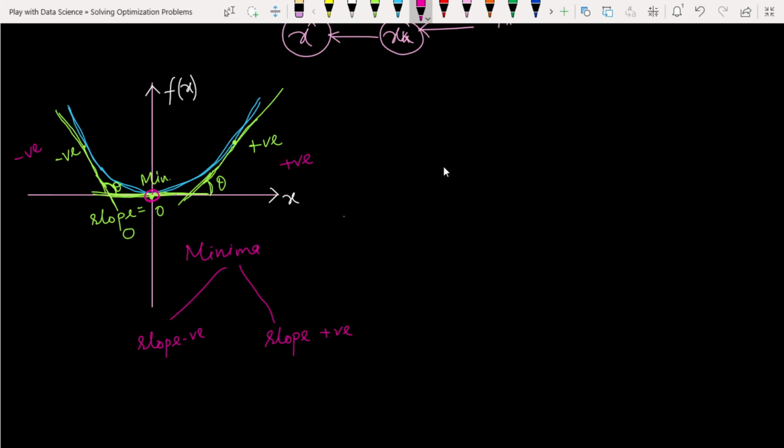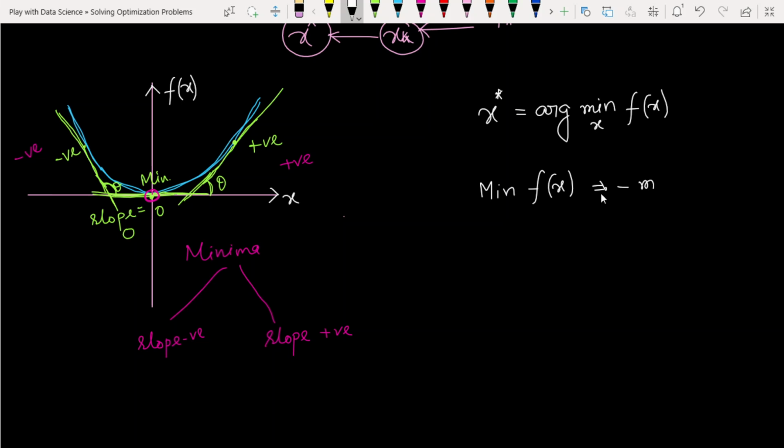Before going to the gradient descent technique, let's remember this. We have to find our optimal x, which we call x star, that is the argmin of f of x. We also learned this theorem in logistic regression. The minimum of f of x implies the maximum of minus f of x.